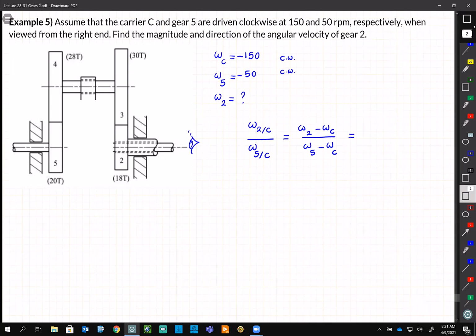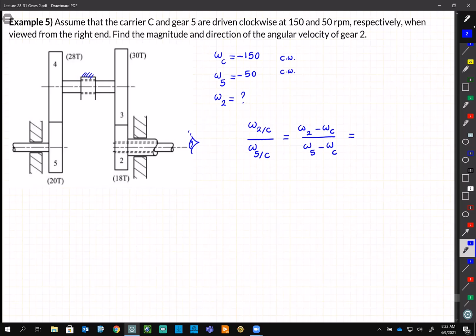And because we claim C is being fixed, it means this bearing is now fixed, right? So 2 is rotating. As a result, 3 and 4 are rotating, and then it results in 5. And 3 and 4 are on one shaft and they are fixed. They are not rotating around the sun or the main axis.